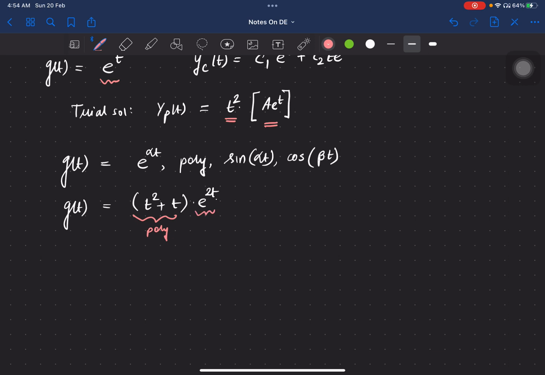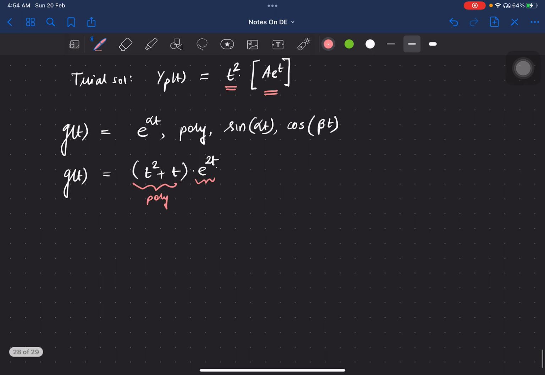So now we assume that neither this polynomial nor this e power 2t happens to be a part of the solution of the complementary function. Then how will we choose the trial solution? The trial solution y p t equal to, for the polynomial part you do separately, that is a t square plus b t plus c, times e power 2t you do separately, that is, logically you have to write d e power 2t, right?